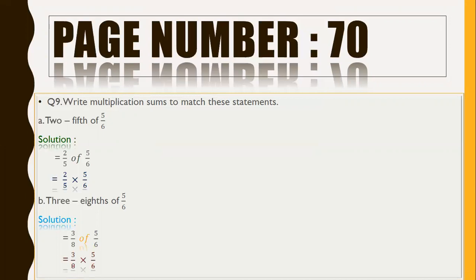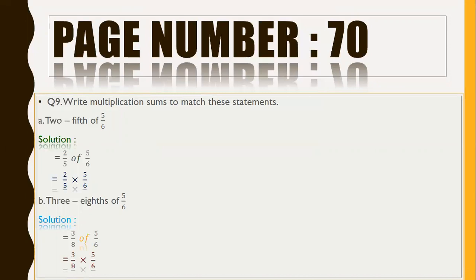2 fifths of 5 over 6, 2 over 5 of 5 over 6, and we always convert 'of' into multiplication. 'Of' means you will apply here the multiplication sign. So 2 over 5 multiply 5 over 6. The second part is 3 eighths of 5 over 6. Again eighths, TH is here. It means 8 will go in the denominator and 3 will come in the numerator.